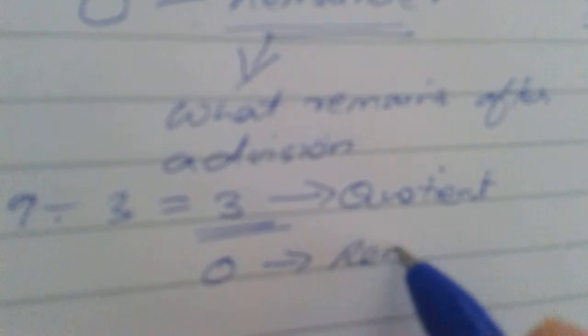It's 0. So we got the answer: 9 divided by 3 is equal to 3. 3 is the quotient, which is the answer, and 0 is the remainder.